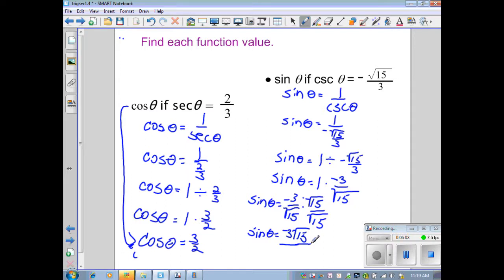But the square root of 225 is 15. And then one final simplification: a negative 3 over 15 is a negative 1 over 5 on the denominator. So my final solution is negative square root of 15 over 5.